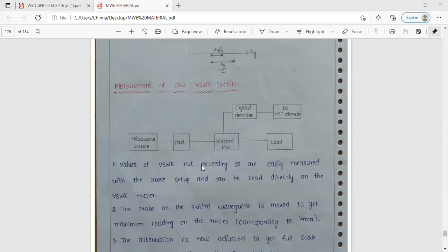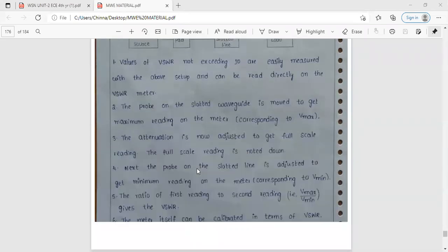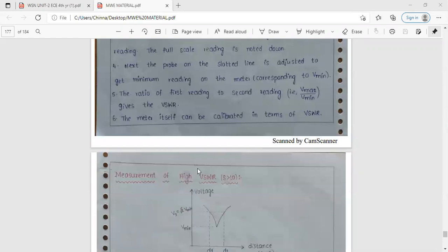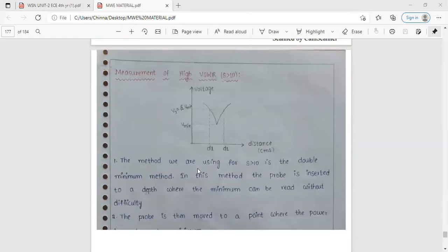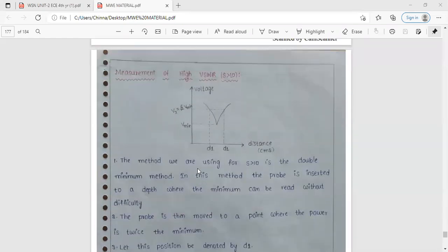Then you can calculate V maximum by V minimum and obtain the voltage standing wave ratio, and the value will be less than 10. Another method is the measurement of high VSWR, as opposed to low VSWR. This is high VSWR, greater than 10. So this is the representation here.